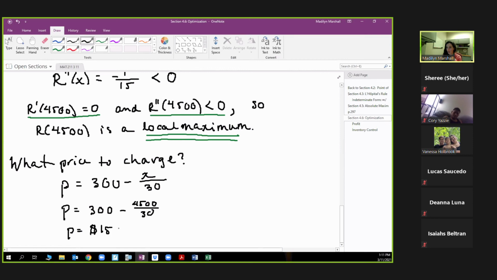And we get 150. So this company should charge $150 per paper shredder if they're looking for the maximum revenue.